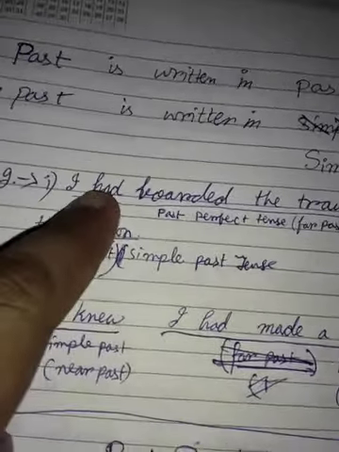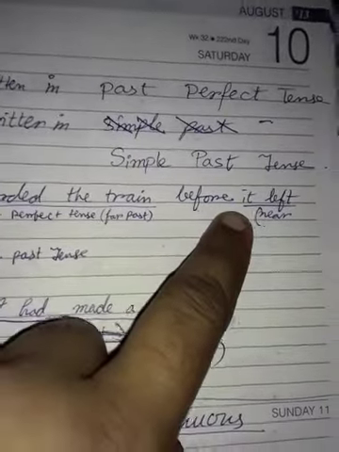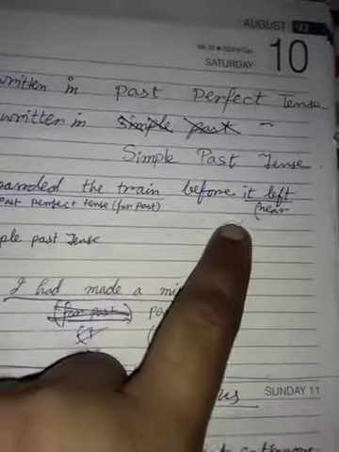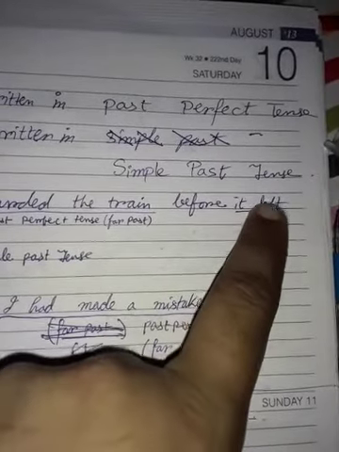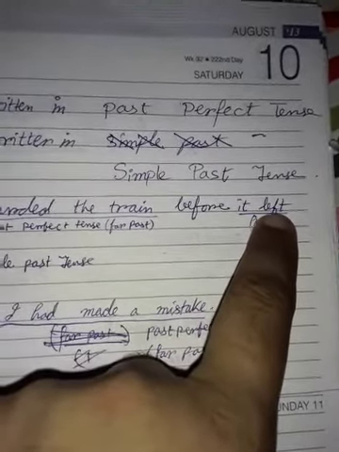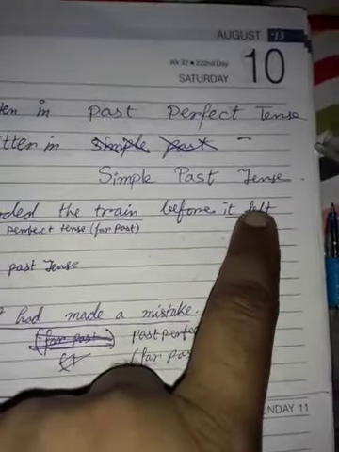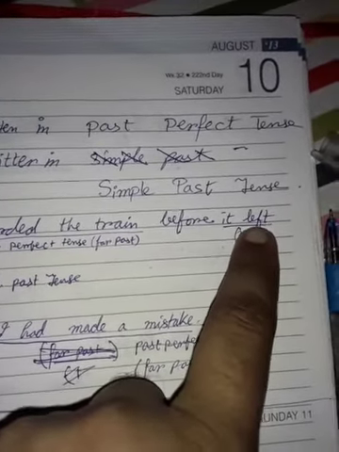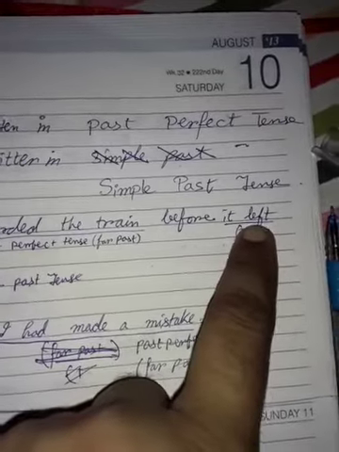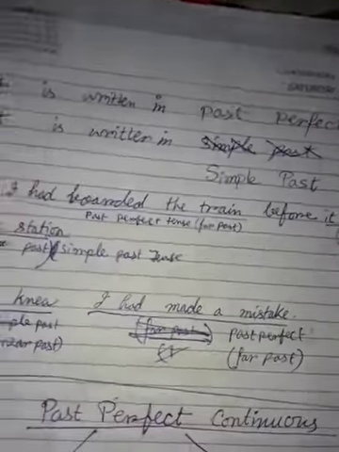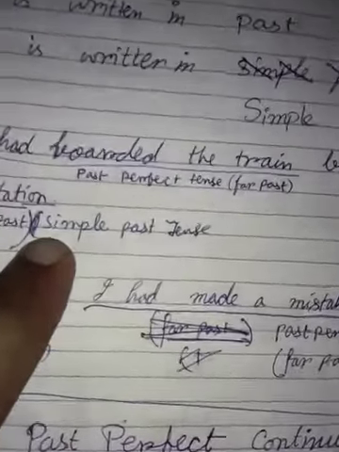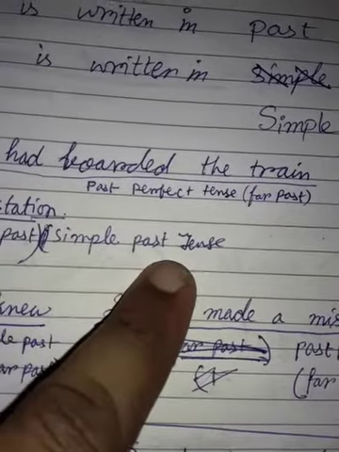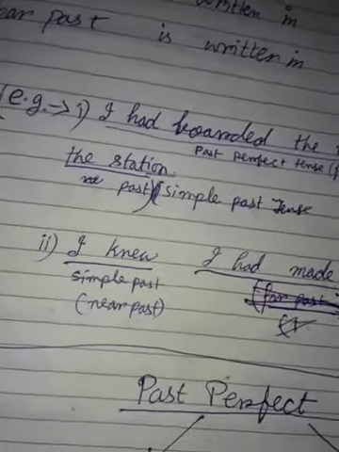That's why you see here we have used the past perfect tense, had plus verb 3, and the event that happened later, it left the station, is written in simple past tense. The past tense of the verb leave is left, and that form of verb has been used here because it is near past and it should be written in simple past tense. I hope it is clear.